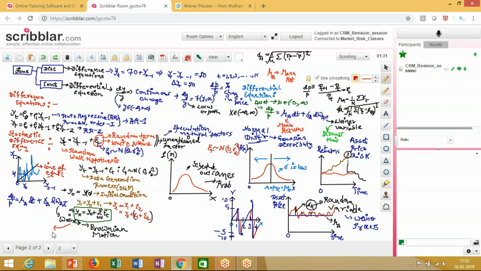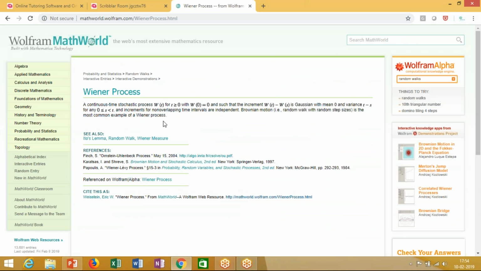Right. So let's see how. So the question that comes out is how is this Wiener variable a replication or a formalization of this Brownian motion? So let's read more about this, right?